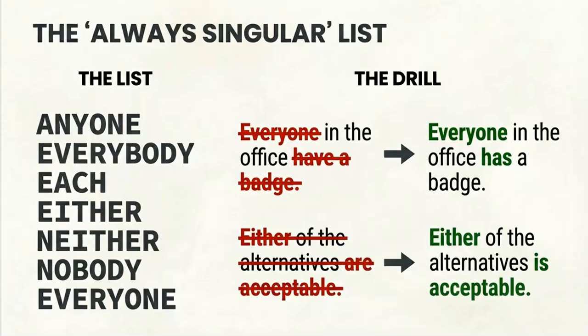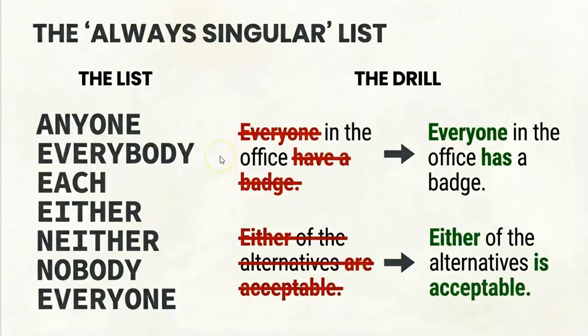And so now let's talk a little bit about some of the words that always seem to trick some people. And so these include the words anyone, everybody, each, either, neither, nobody, and everyone. And so even though everybody sounds like a whole crowd of people, grammatically, it's always a singular word.